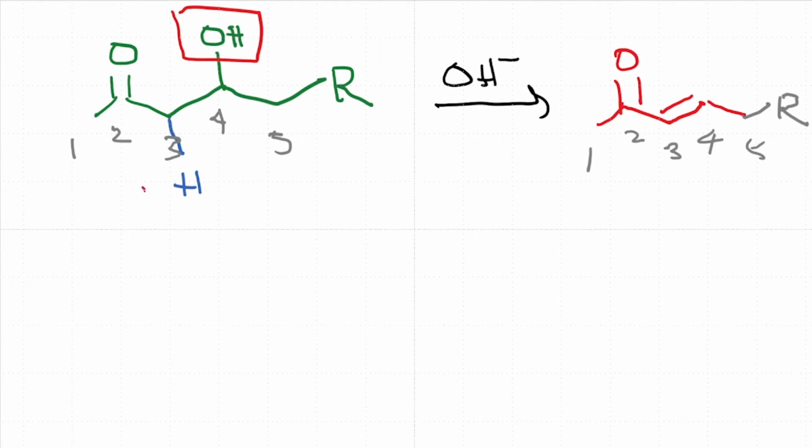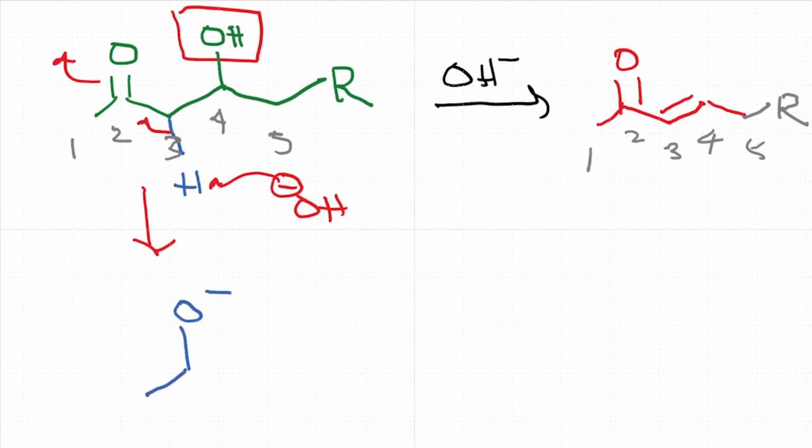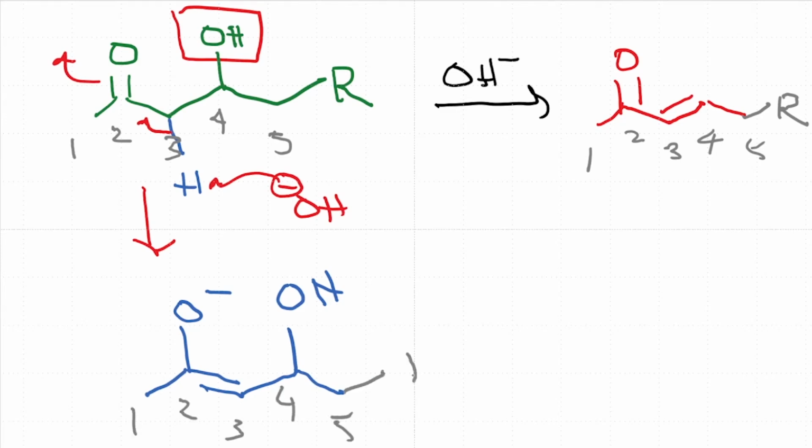The first step in this mechanism is our familiar reaction, which is basically the formation of the enolate. Let's push these arrows and write out the enolate. So you get O minus. Let me number it so that we are consistent: 1, 2, 3, 4, 5, and this is the R group.